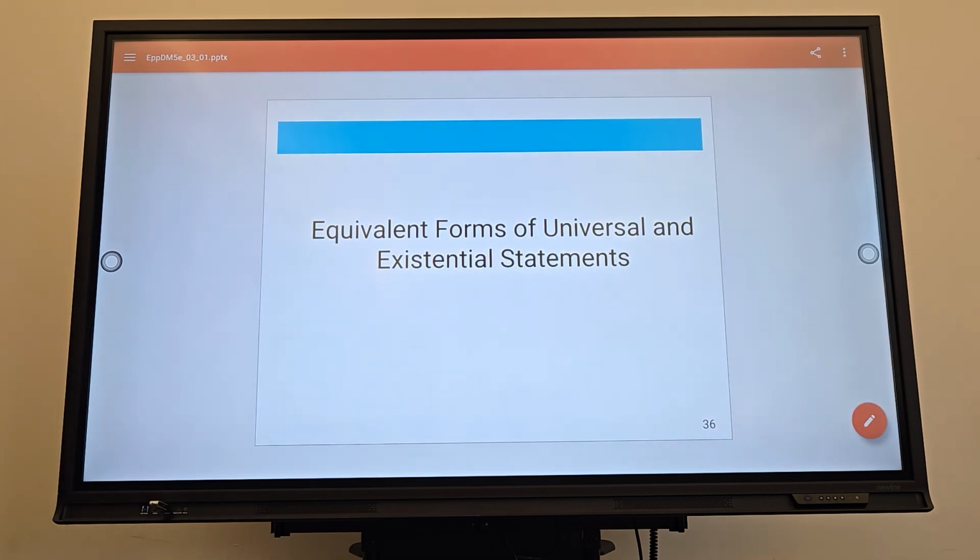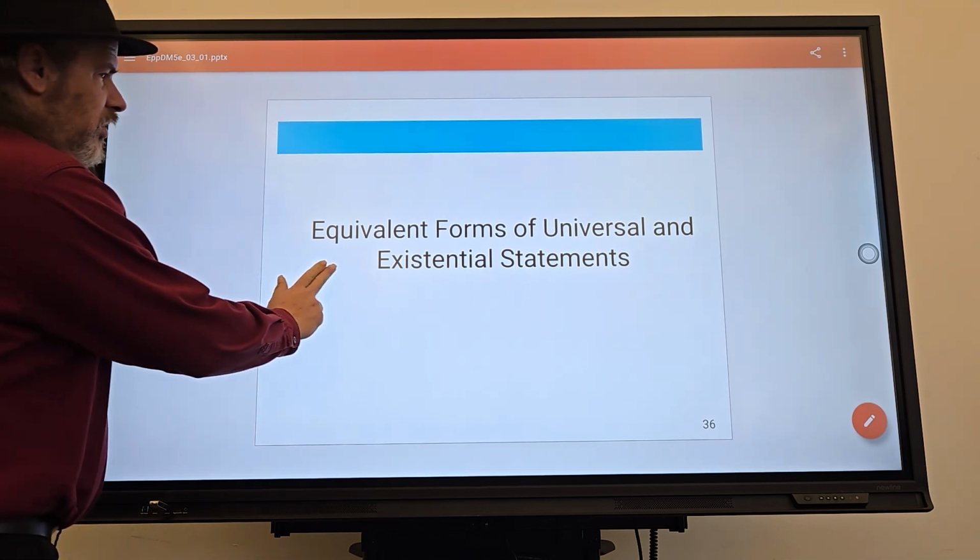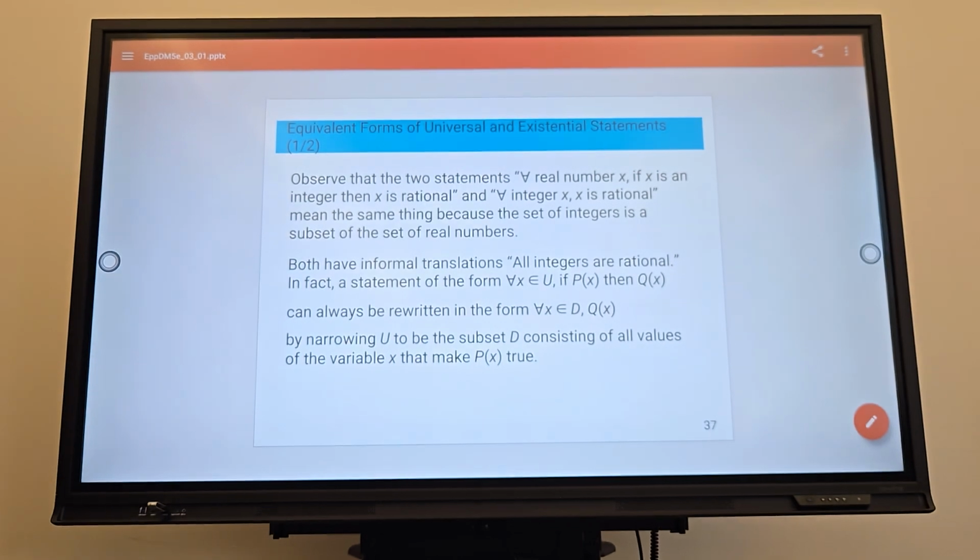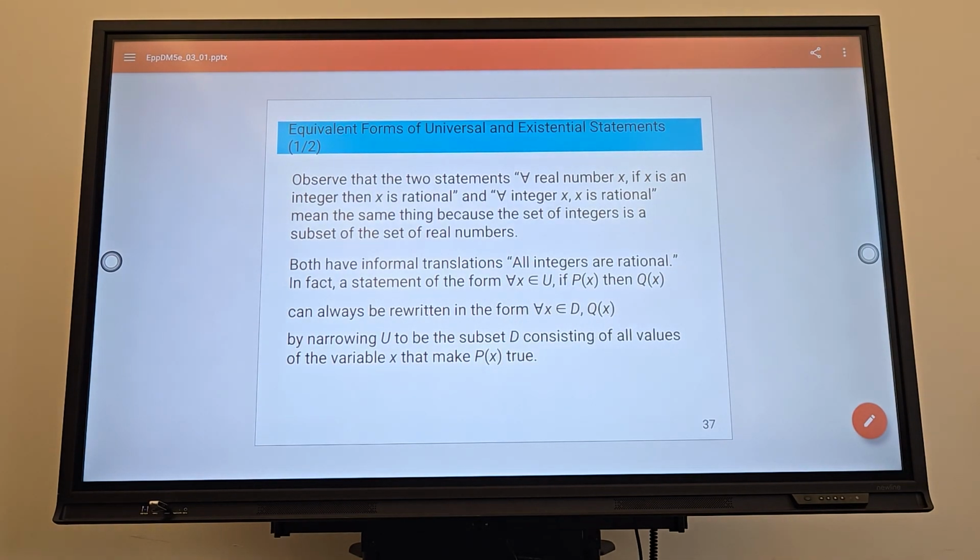Equivalent forms of universal and existential statements. Two statements: for all real numbers x, if x is an integer, then x is rational, and for all integers x, x is rational, mean the same thing because the set of integers is a subset of the real numbers.